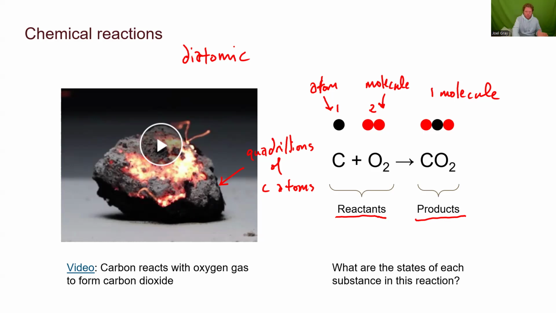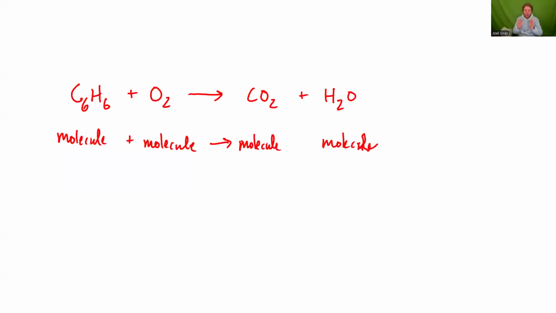Now, if we can jump ahead, I want you to only look at what's on the right-hand side here. Those are where my products are formed. On the right-hand side of this reaction that's shown, how many different molecules do I have?